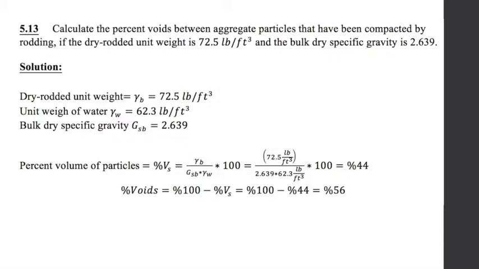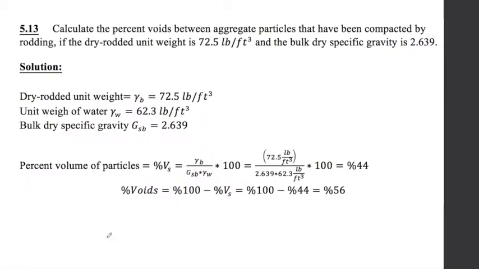The problem statement is: calculate the percent voids between aggregate particles that have been compacted by rodding if the dry rodded unit weight is 72.5 pounds per cubic foot and the bulk dry specific gravity is 2.639.